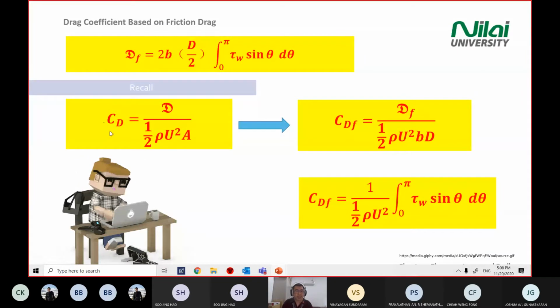CD equals D divided by half rho U square A. We modify it to the coefficient that we need. If you're looking for friction, then the drag on top here becomes friction drag. If you don't write friction, it means a general drag.